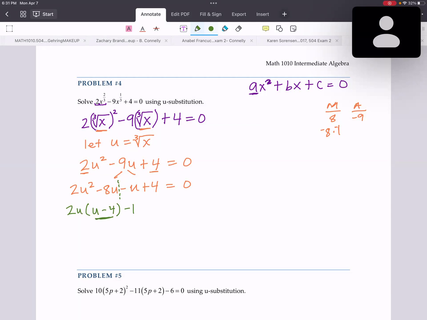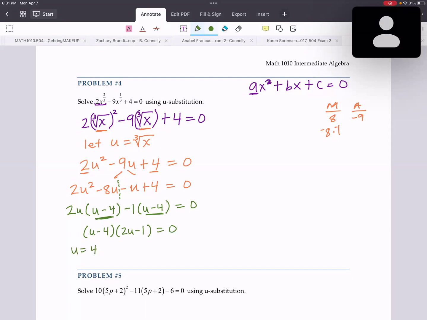So if I factor a negative 1 out, then I'll have u minus 4. Okay, so there's my greatest common factor. The u minus 4 goes in one parenthesis, and then 2u minus 1 goes in the other parenthesis. So set those equal to 0 and solve.